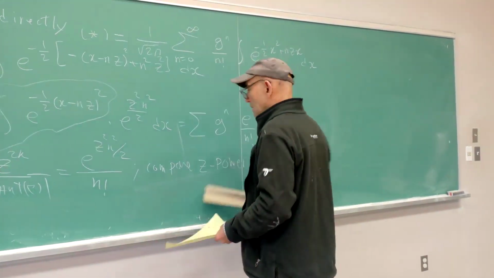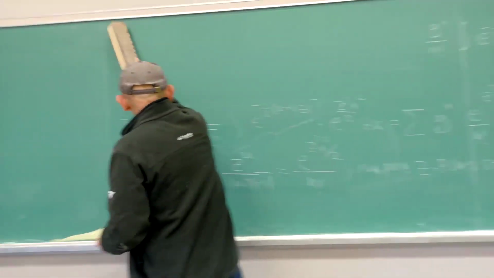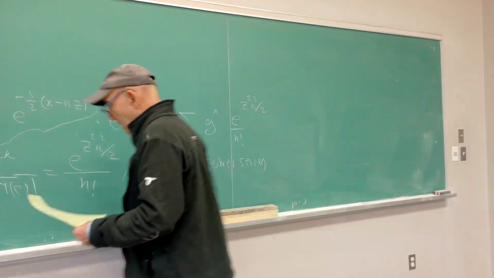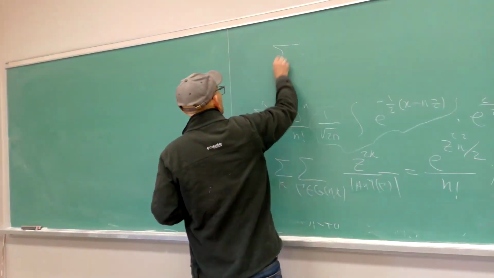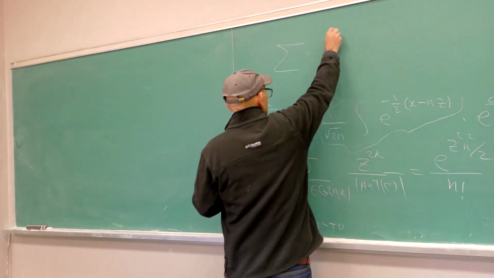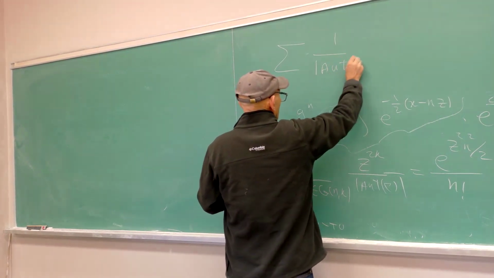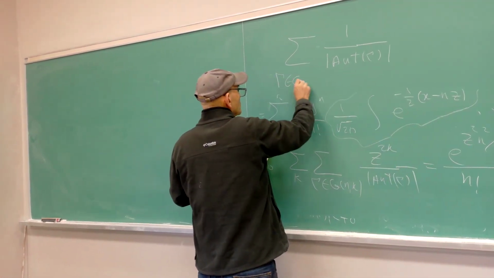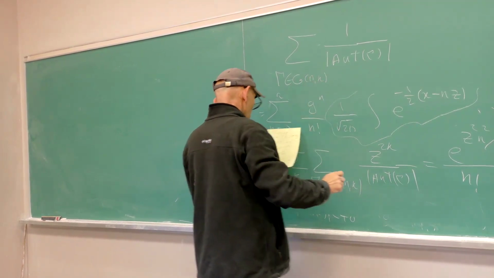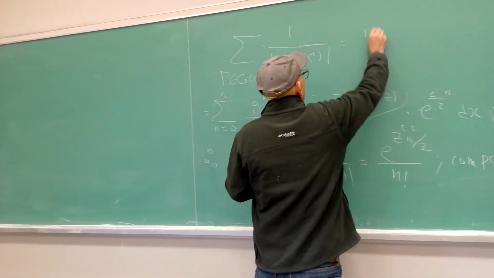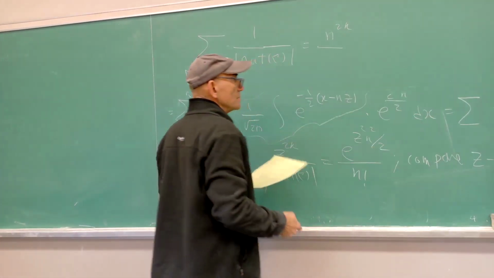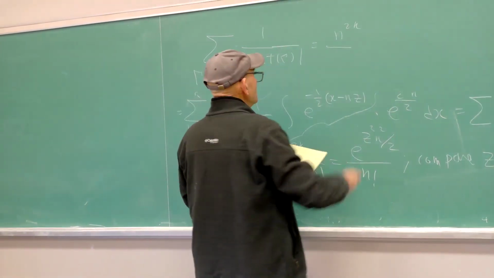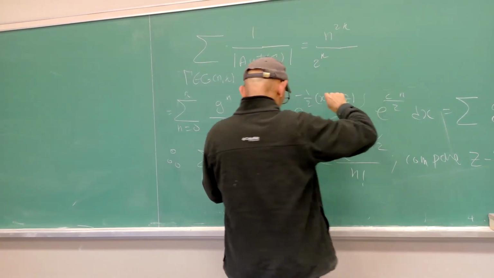This tells me that the sum of 1 over the order of automorphisms of gamma, gamma belonging to G_{n,k}, is equal to n to the 2k divided by 2 to the k, k factorial exactly.